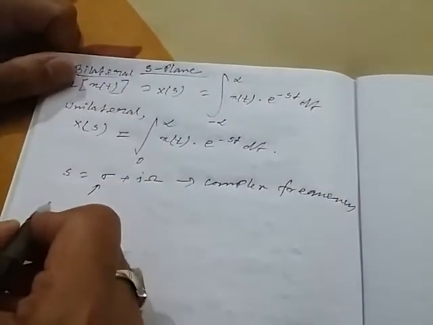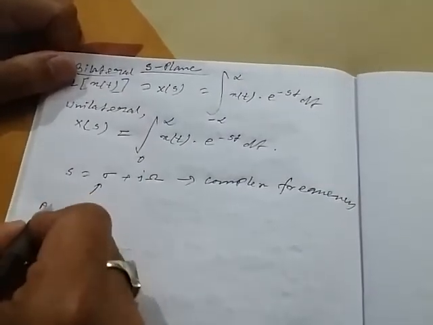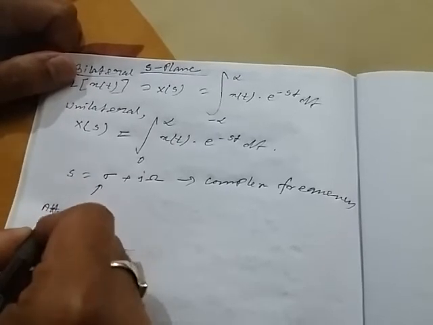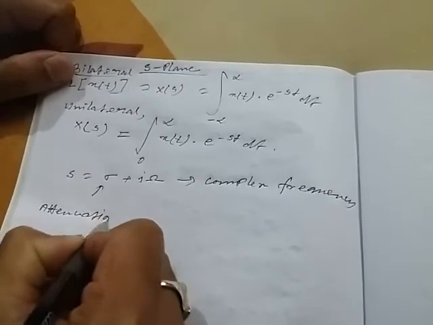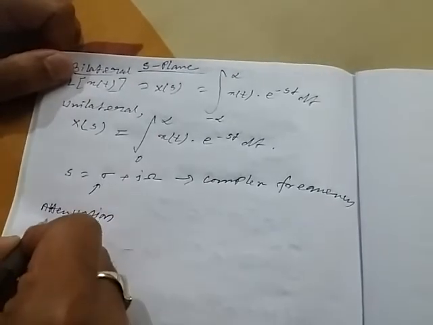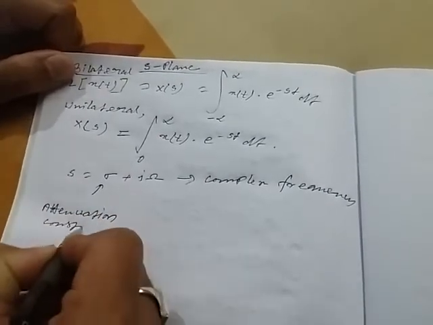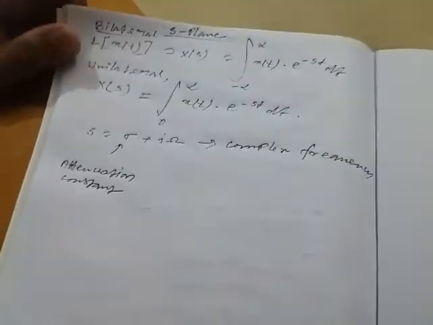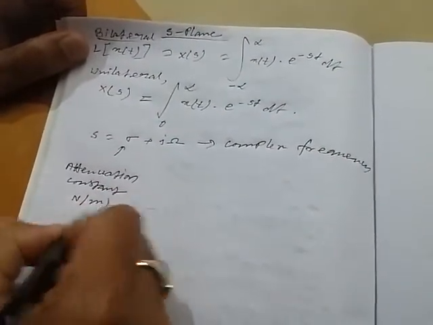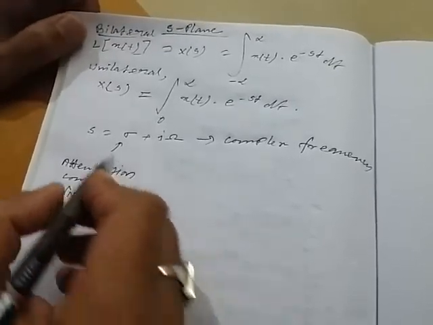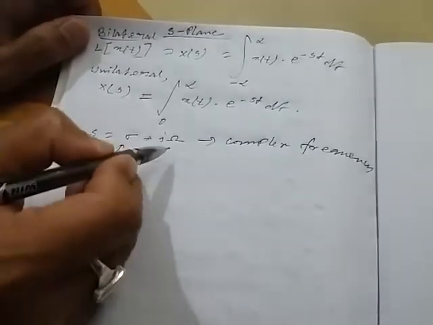The name of sigma is attenuation constant, and the unit of attenuation constant is Neper per meter.